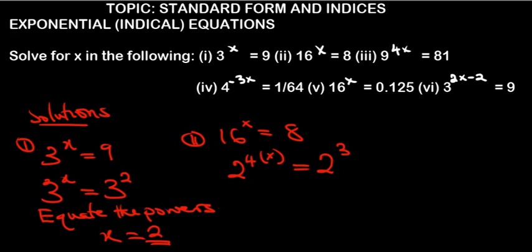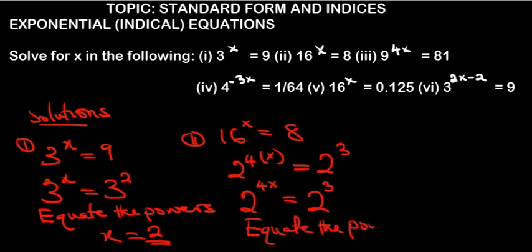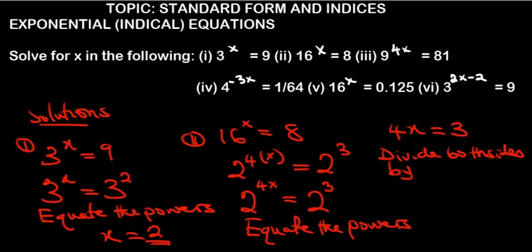From here, we could see that 2 raised to power 4 and x, that's 4x, equals 2 raised to power 3. Same thing, since we have the same base, we are going to equate the powers. So we have 4x equals 3. From there, divide both sides by 4.